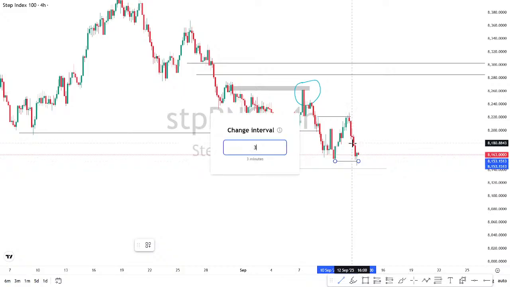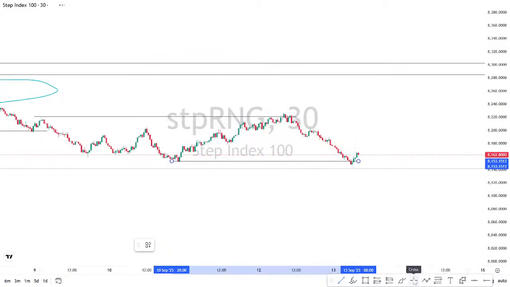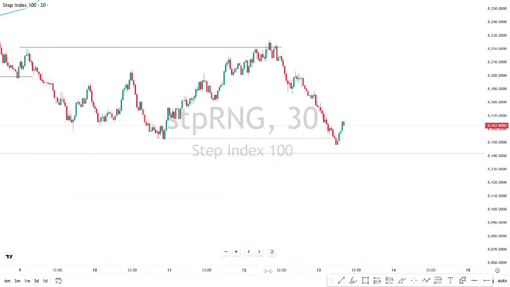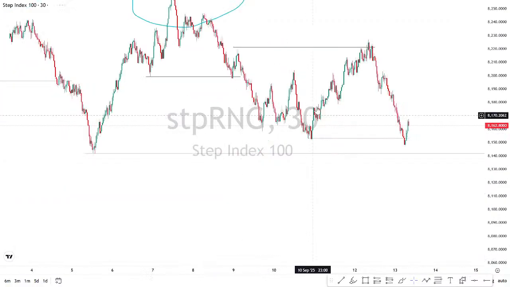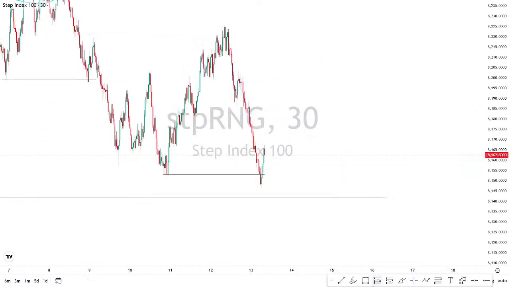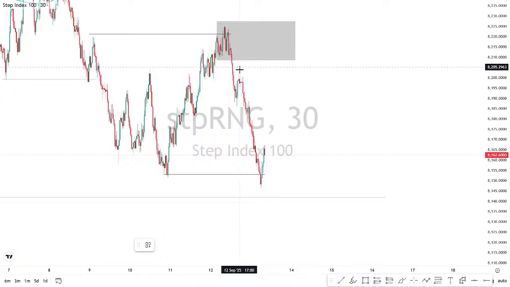So I'm just going to go on 30 minutes. This is not going to be hard at all. Okay, I am expecting it to come back here on 30 minutes to that zone of interest. This is our liquidity.